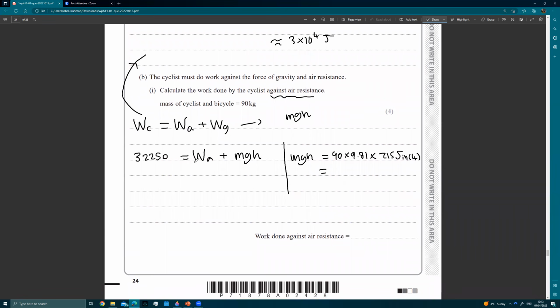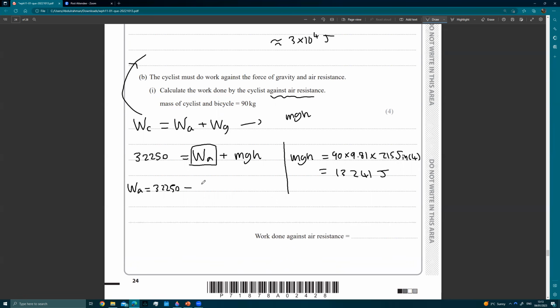And then let's make the work done against air resistance the subject. The work done against air resistance is 32250 minus mgh. Let's work out mgh: 90 times 9.81 times 215 sine 4, which I get as 13241 joules.